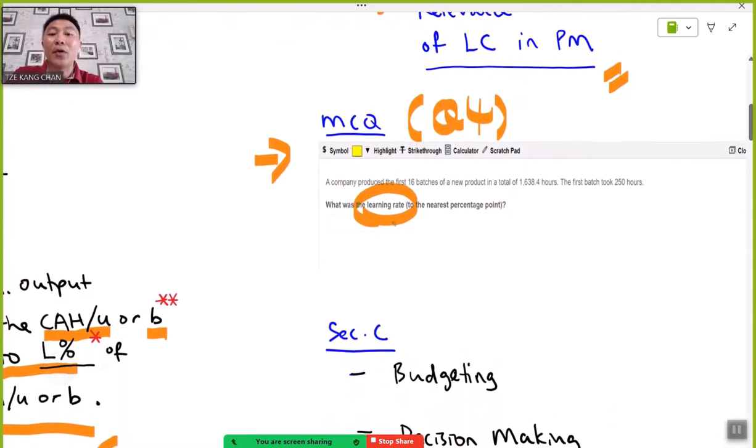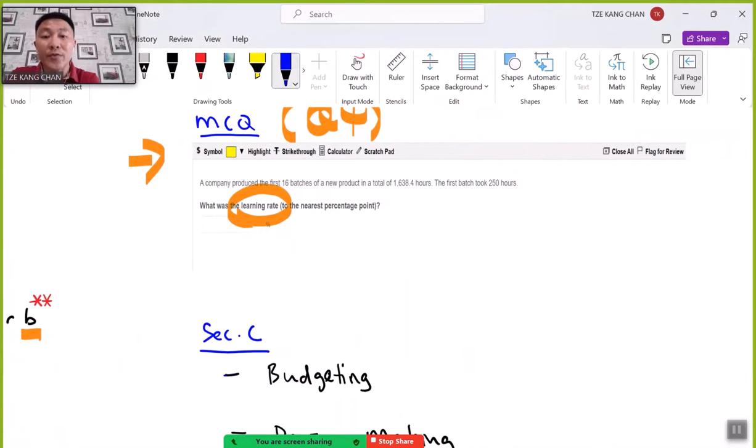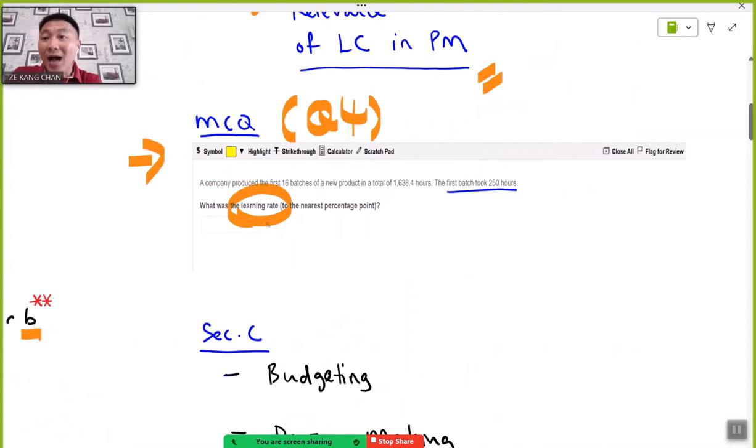Based upon the table that we have established, according to the information provided, these 250 hours are clearly the A, the time spent for the first batch. And then we are given the time taken to make the first 16 batches.